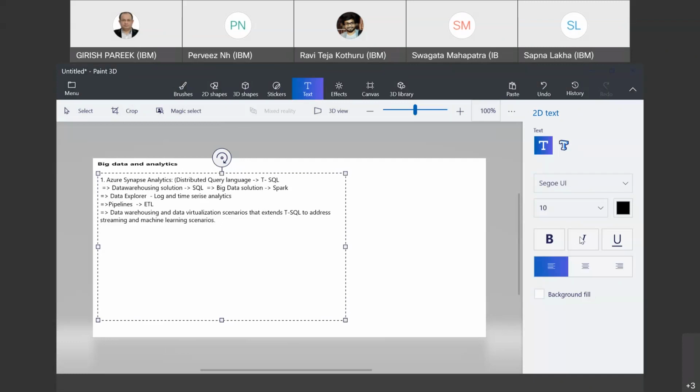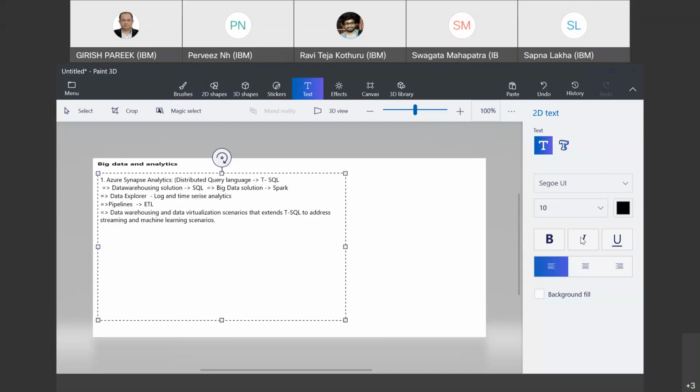Now, Synapse SQL offers both serverless and dedicated resource models. Earlier we discussed the serverless model. And it also provides you the dedicated resource model. Similarly, it provides built-in streaming capabilities to land data from cloud data sources into SQL tables.